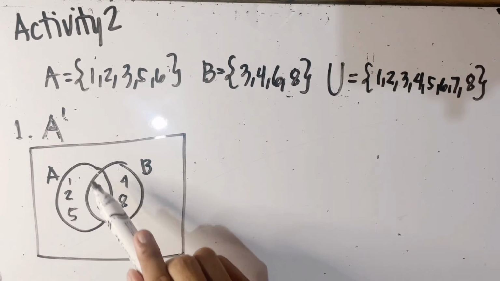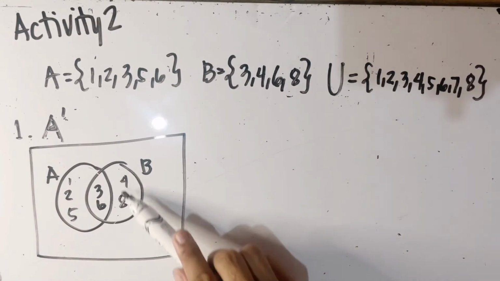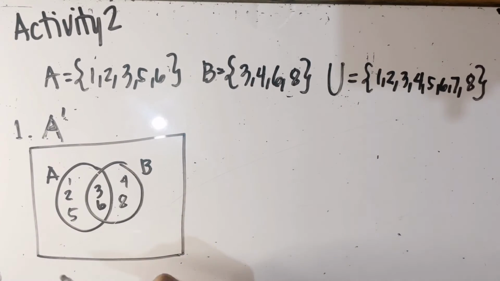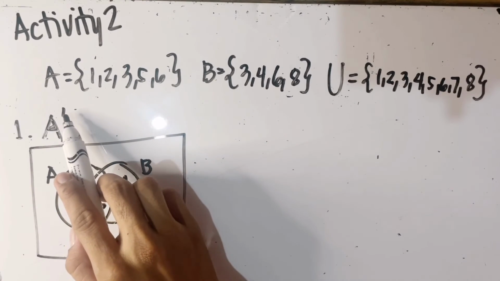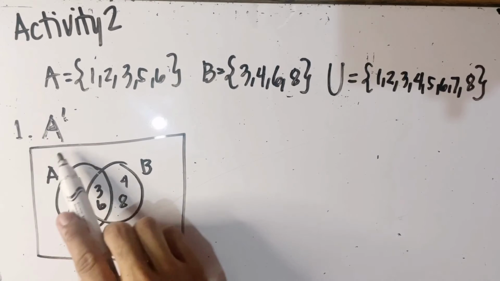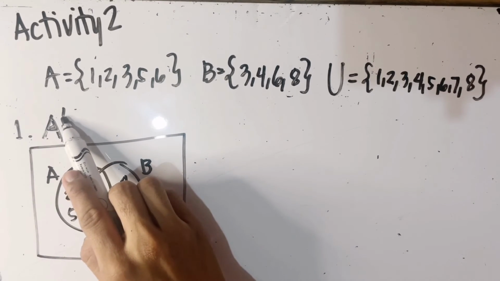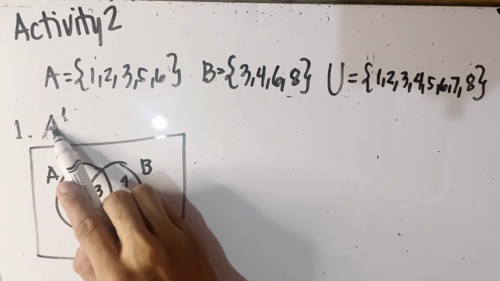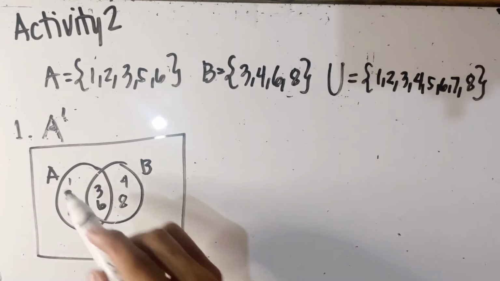So what will be shaded is outside this circle. So we will now shade. Again, it means we will just shade the outside of A because of the complement. The complement of A is outside A.